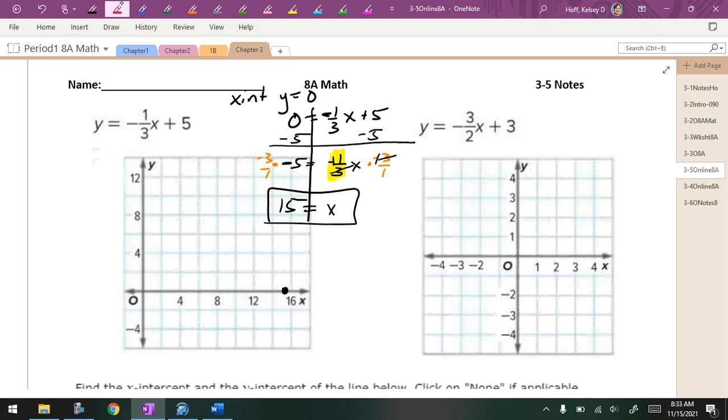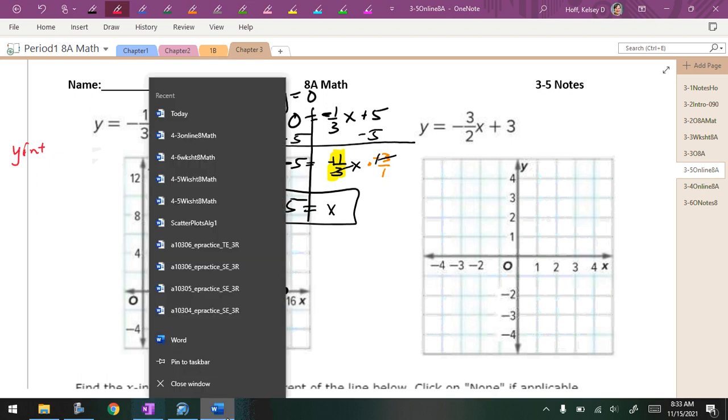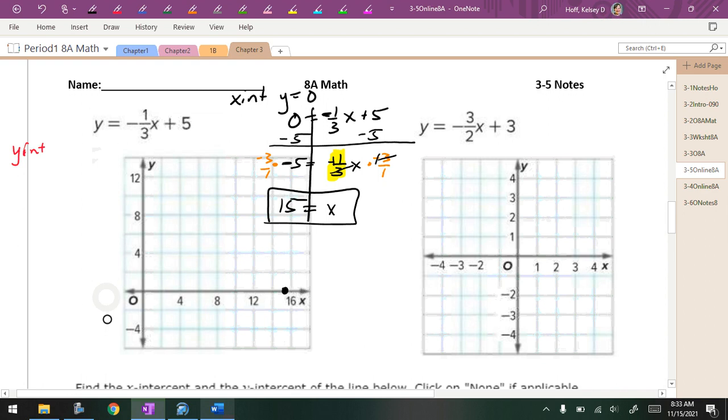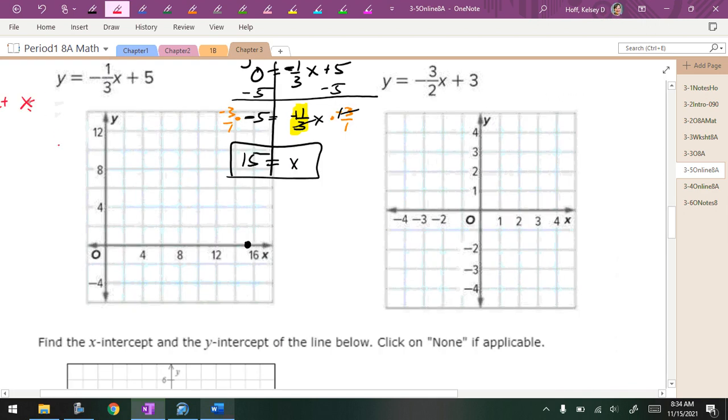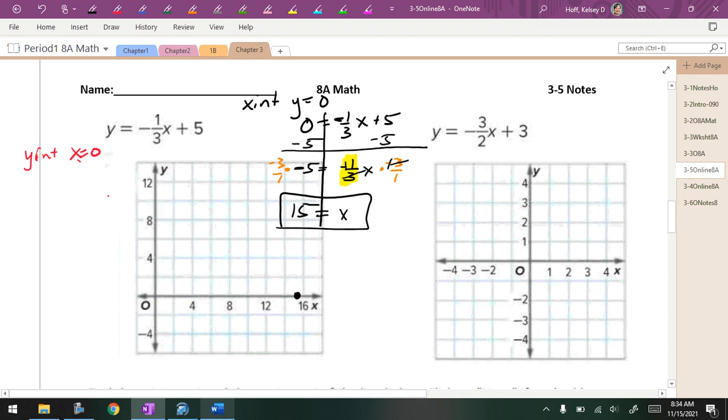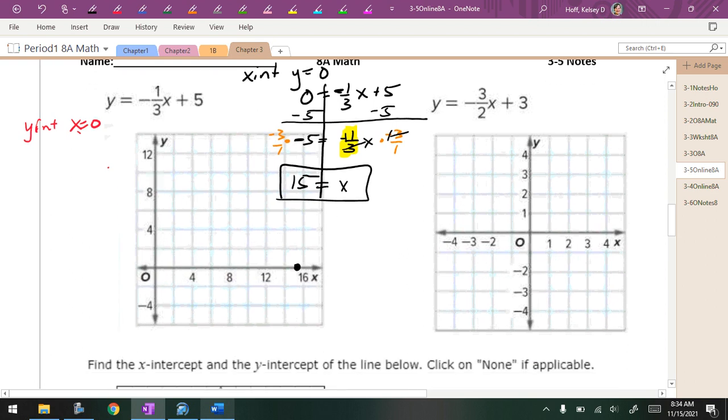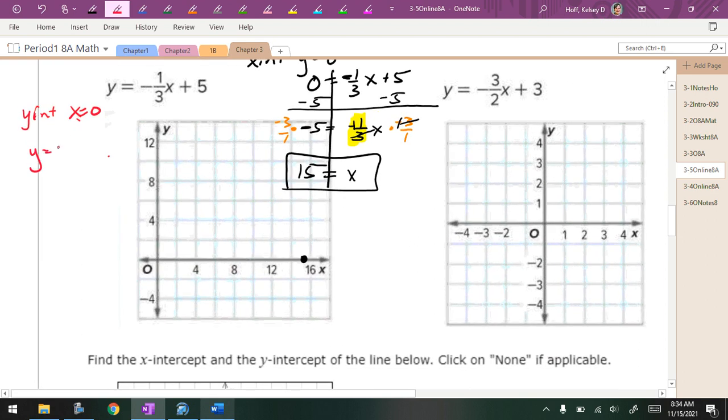Okay? Every x-intercept, y is 0. Every y-intercept, what do you know? X is 0. Okay? So take your equation, put in 0 for x. Y equals negative 1/3 times 0 plus 5.